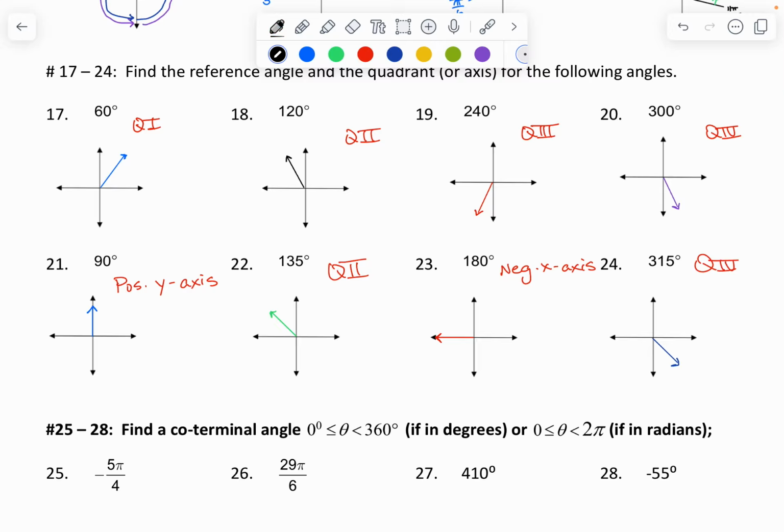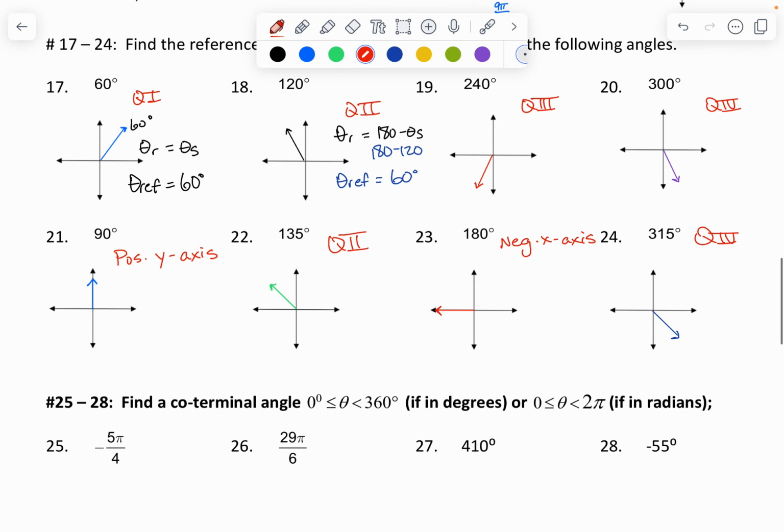So next, if you need to look back at your notes, it tells you the kind of formula, if you will, for each of the coterminals. When you're in quadrant 1, reference equals standard. So our reference angle is 60. When you're in Q2, reference equals 180 minus your standard. So we'd say 180 minus 120 leaves us a reference angle of 60.